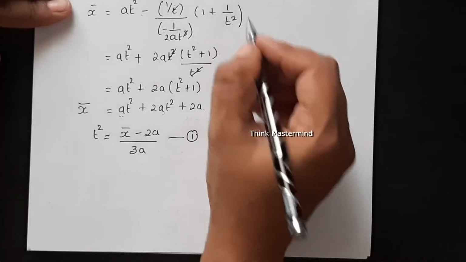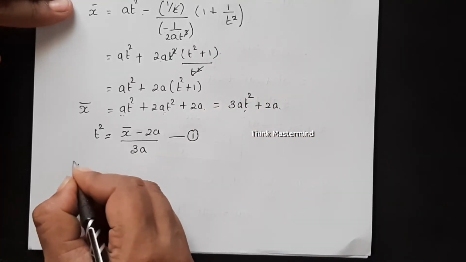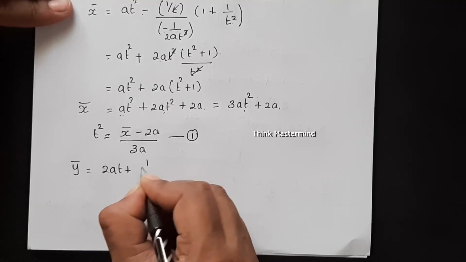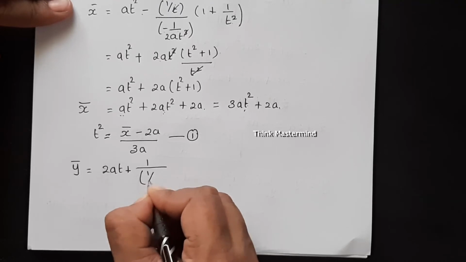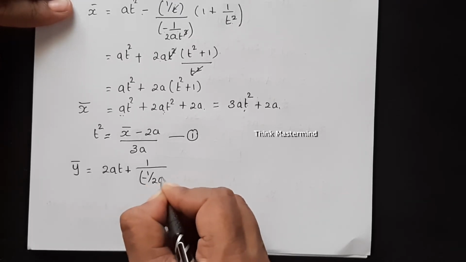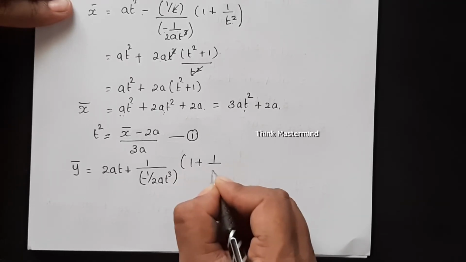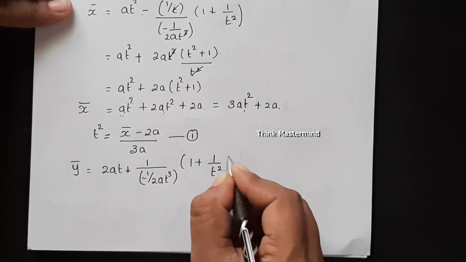Similarly we are going to find y bar. So y bar is equal to 2at plus 1 divided by 1 by minus 1 by 2at cube into 1 plus 1 by y1 squared, that is t squared.